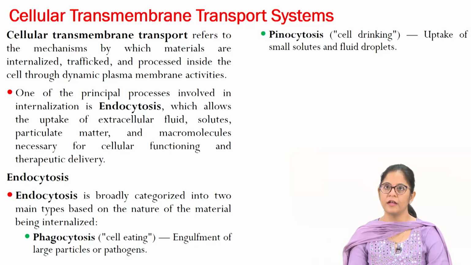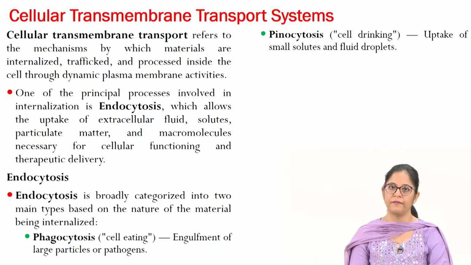Now, cellular transmembrane transport refers to the mechanism by which materials are internalized, trafficked and processed inside the cell through dynamic plasma membrane activities. One of the principles involved is endocytosis, which allows the uptake of extracellular fluid, solutes, particulate matter and macromolecules necessary for cellular functioning and therapeutic delivery.